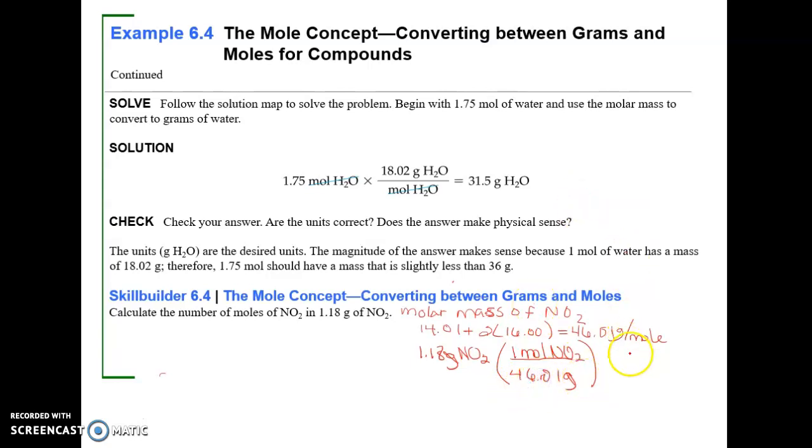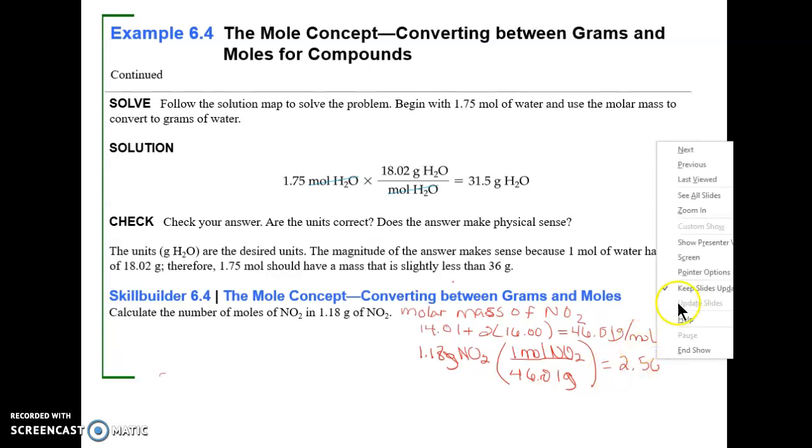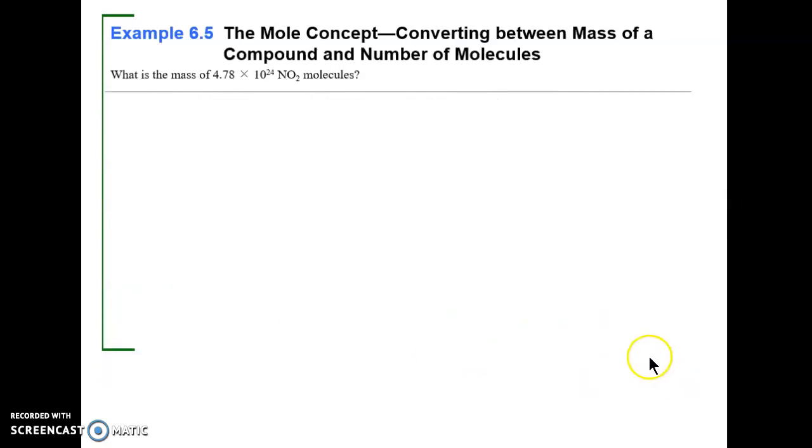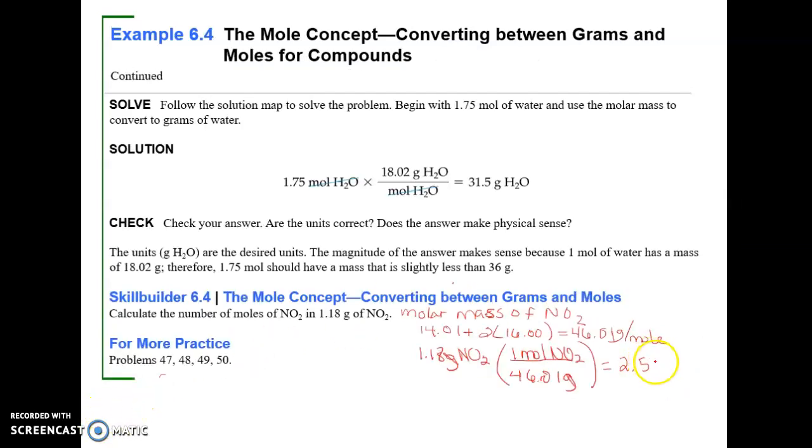To the correct amount of significant figures, I end up with 2.56 times 10 to the negative 2 moles of NO2.